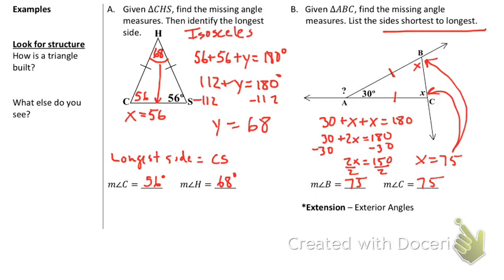Okay? And then the shortest to longest. So if we're doing shortest to longest, we will have 75 and 75. So the shortest side is actually going to be across from 30. So the shortest side is going to be BC.